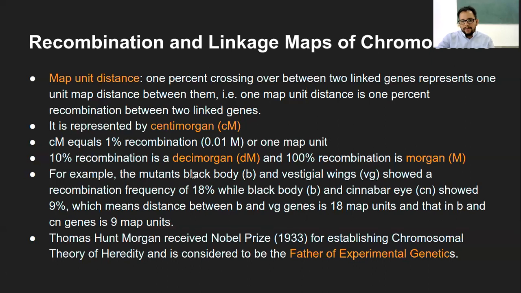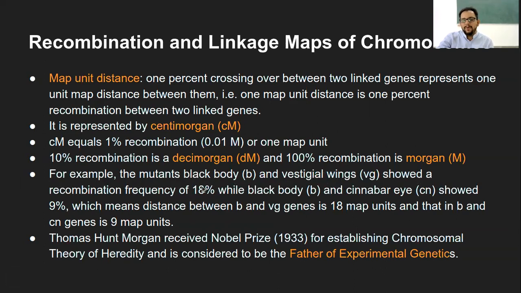Okay, so I hope that is clear. So, for example, a mutant with black body and vestigial wings showed a recombination frequency of 18%. On a particular chromosome, there is the B gene for black body of the Drosophila, and there is a vestigial wing gene on the same chromosome, and the chance of their recombination is 18%.